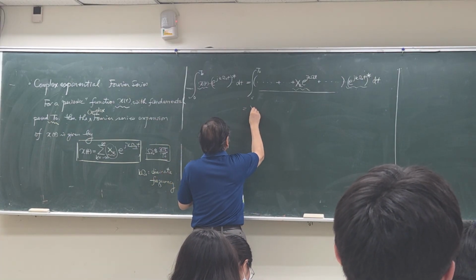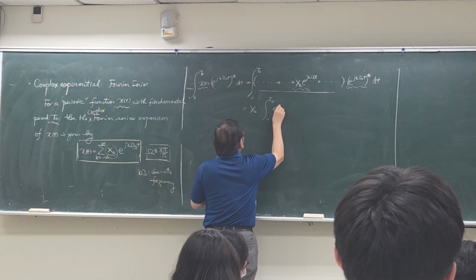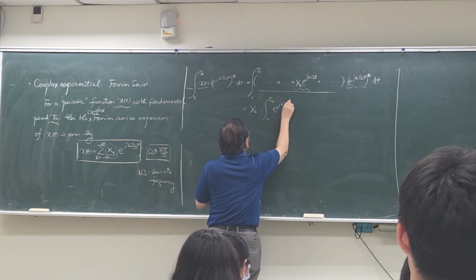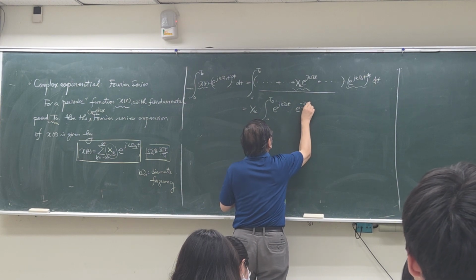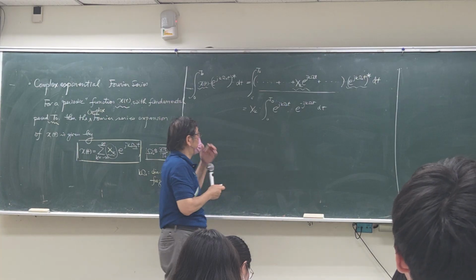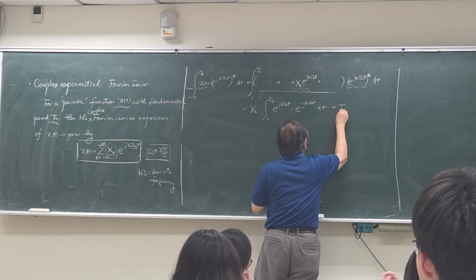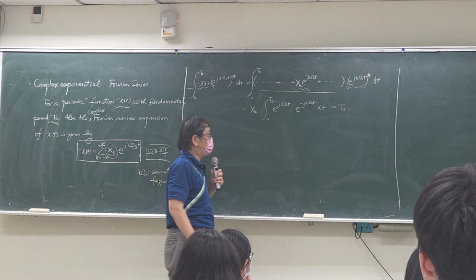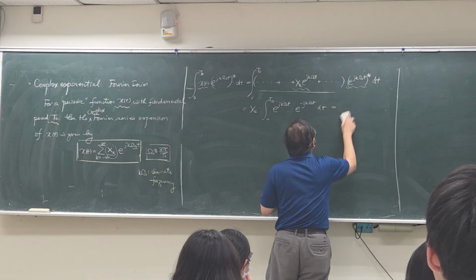So this is equal to x of k times omega, and that is t0. We have done this one. Oops, sorry. x of k times t0.